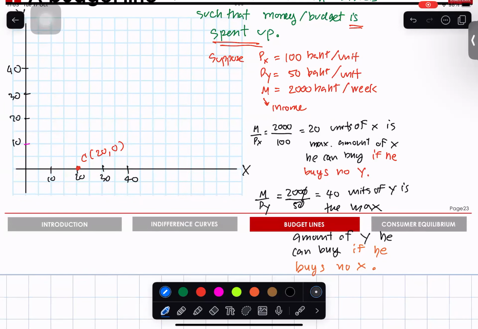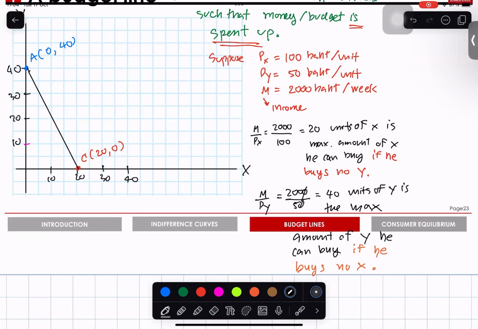Another extreme choice that he can afford as well is to buy only Pepsi, good Y. Given 2,000 and the price of Pepsi, 50, 40 units is the max he could buy. Basket A, (0, 40). Okay. Now, we connect the two baskets together. We got a line.